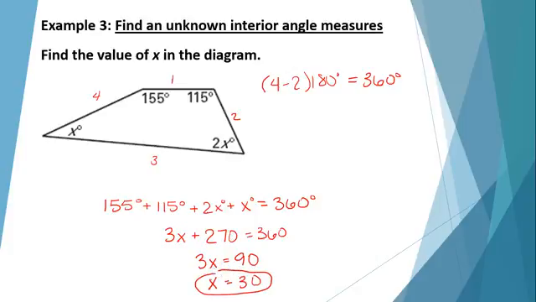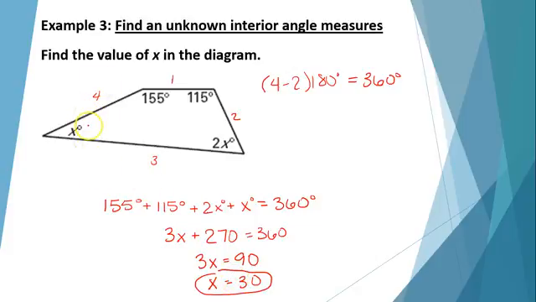Now, this particular question just asks us to find the value of x. If we are asked to find all other angle measurements that are unknown, how you would do that is take your x that is equal to 30 and plug it back in.